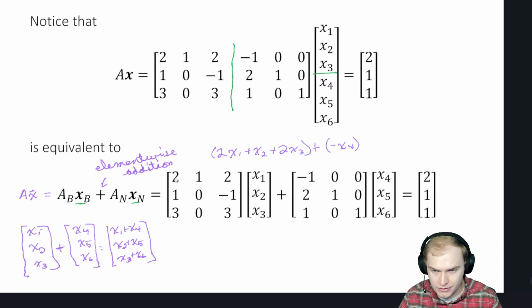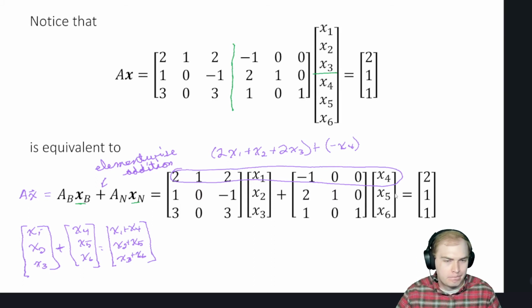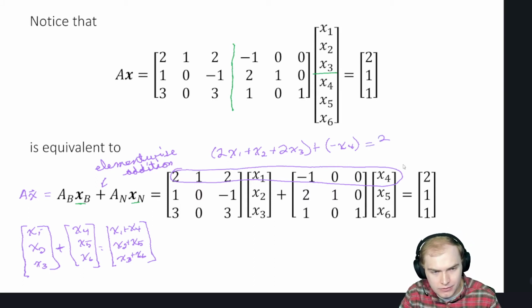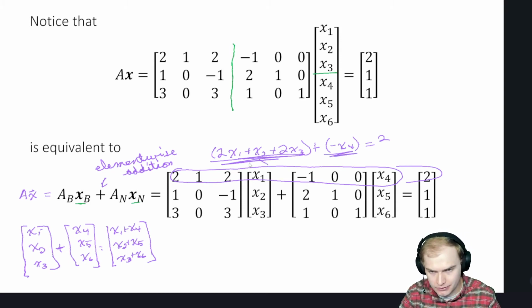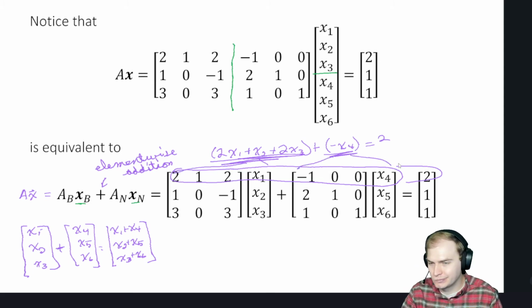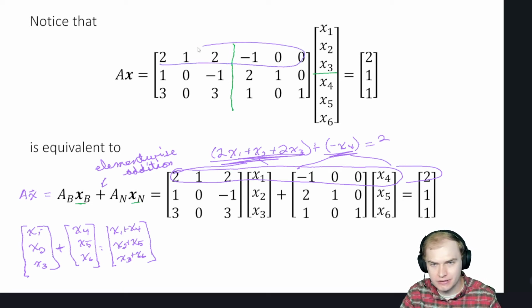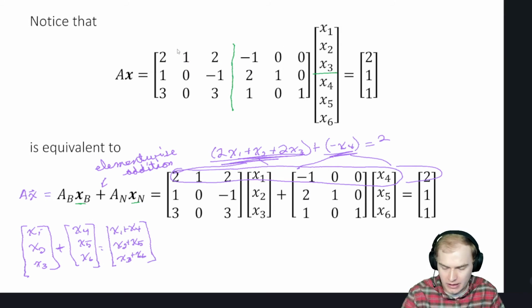That's going to be our first row, equals 2. And then on the second row, this is from the first matrix multiplication, and this is from the second matrix multiplication. So this comes from here, that comes from here. But that's the same equation we would get if we were to do this matrix multiplication up top. So this is something we can do.